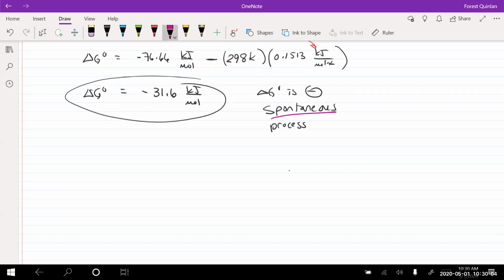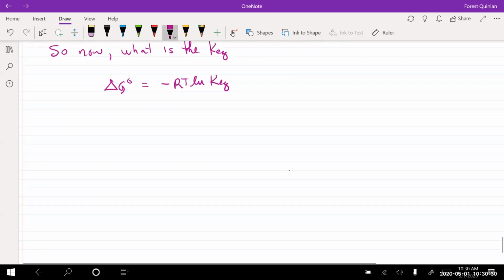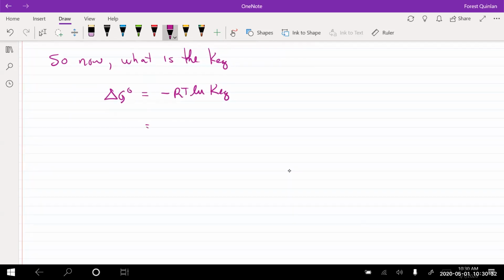So now, what is the KEQ? What's the equilibrium of this? Well, remember, we just proved above that delta G naught is equal to negative RT natural log of the equilibrium constant. So we can plug that in.